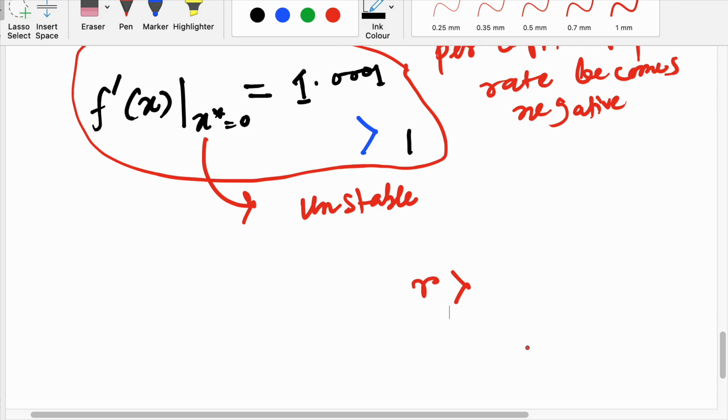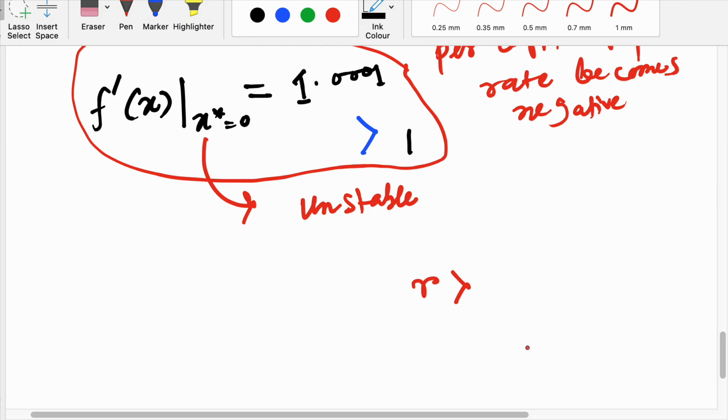If I increase or decrease r a little bit, the population changes drastically from extinction to non-extinction.